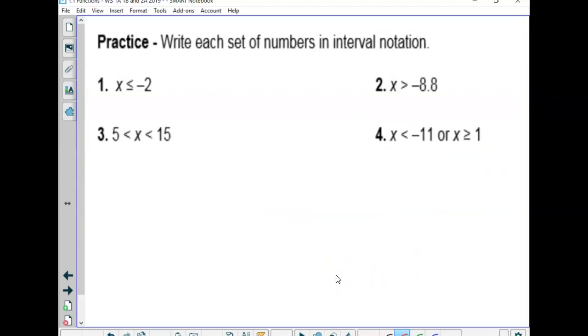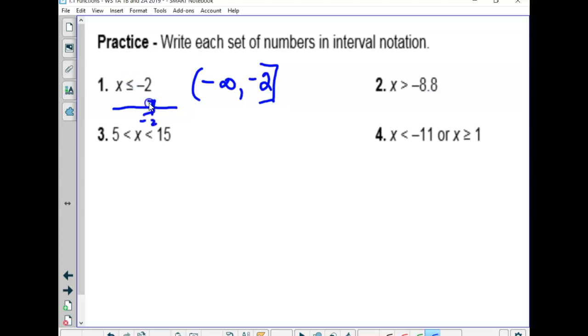Okay. So how can we do these four? Number one. Destiny, you got number one? Okay, guys. Is she right or not? If you can't remember, draw a number line, right?